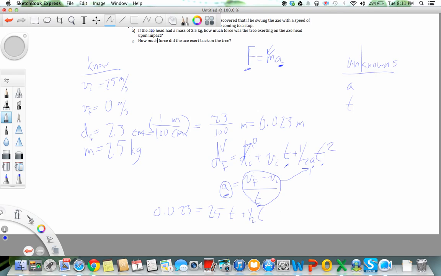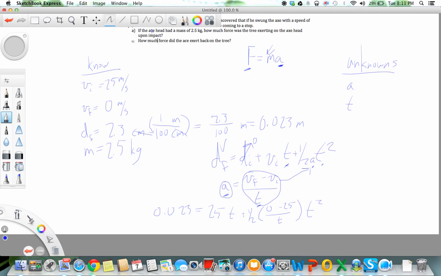So I'm going to end up with my velocity final. Let's go ahead and actually put in the numbers on that. So my final velocity was 0, my initial velocity was 25, and the time I don't know. And then multiply that by my time squared.